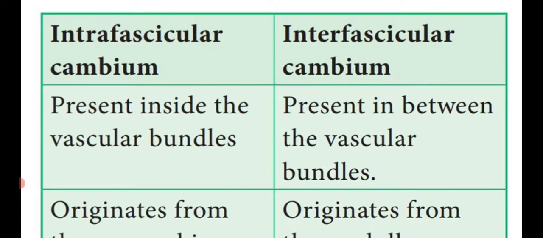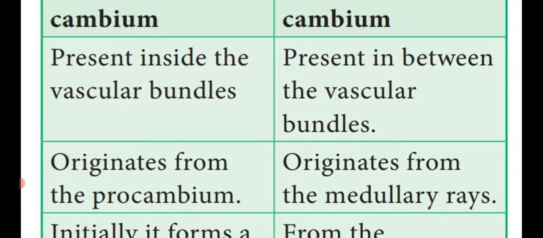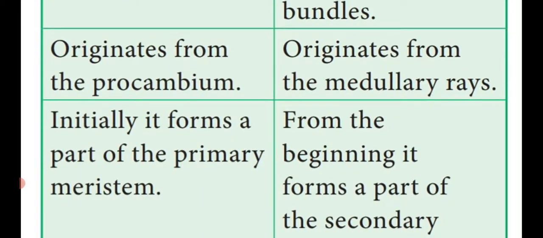The first one is present inside the vascular bundle. The interfascicular cambium is present between the vascular bundles. Intrafascicular cambium originated from the procambium or first formed cambium. The interfascicular cambium originates from the medullary rays.